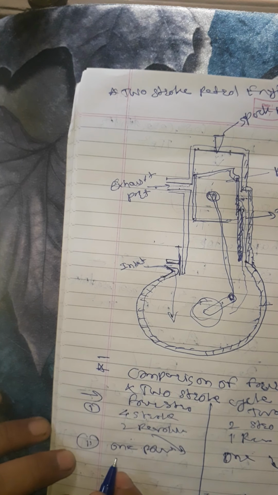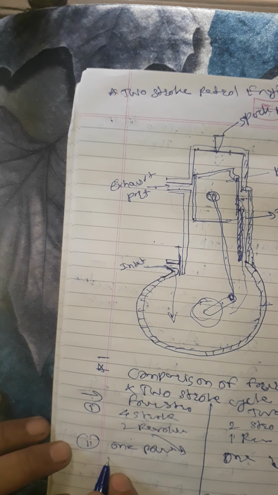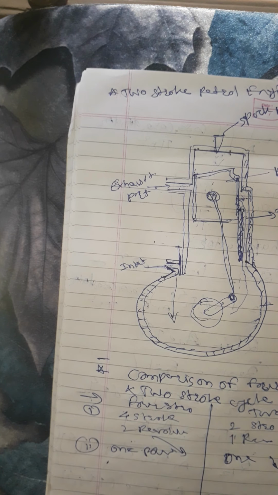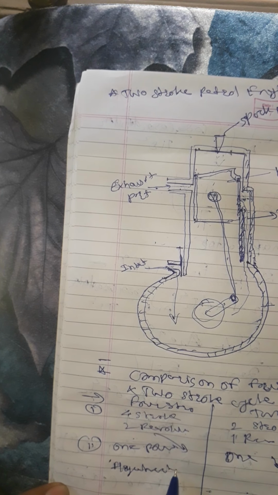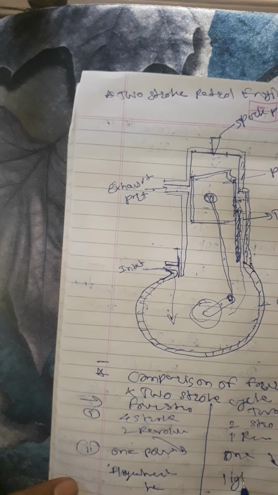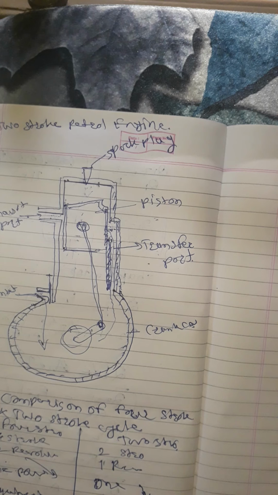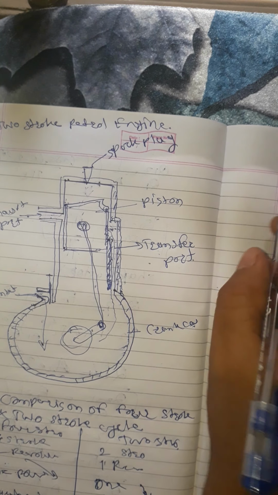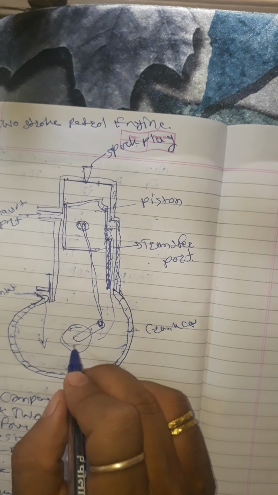Then the turning movement is less uniform in the 4-stroke, hence the flywheel needed is heavier. So the flywheel is heavier here and lighter here. There is no sealed crankcase in the 4-stroke engine.